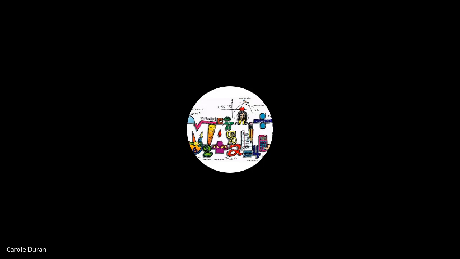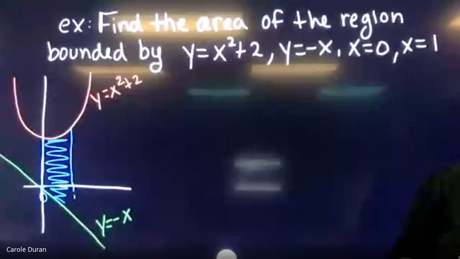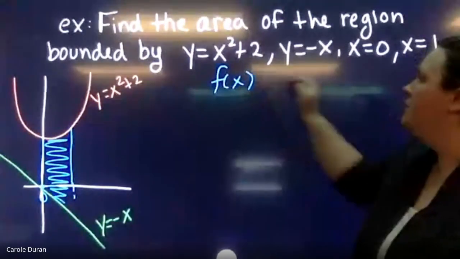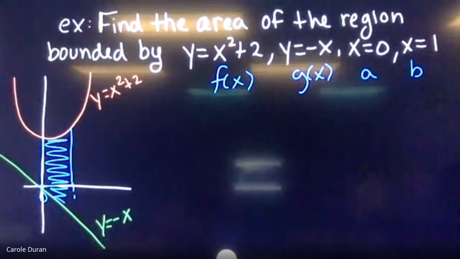The interval it gave me was from 0 to 1, so that's what my blue is. And then that blue shaded section is the area I'm trying to find. So this is my function f, this is my function g, and these are my a and b, or my integration bounds. It will not always give you the integration bounds, but some of them will.